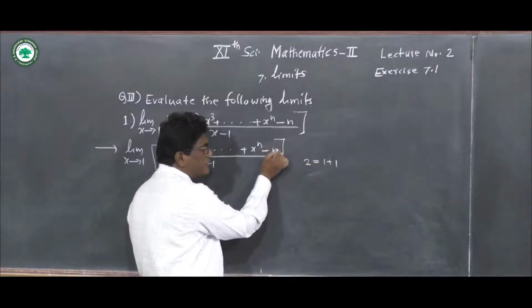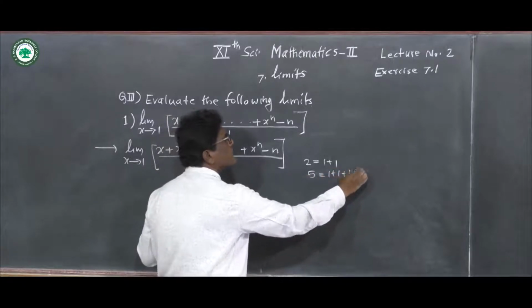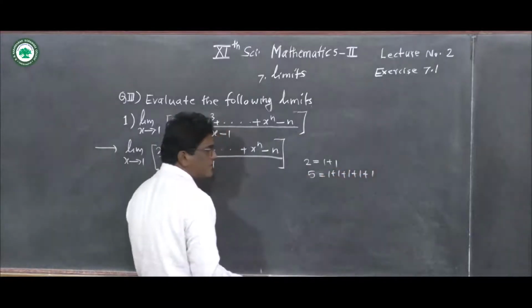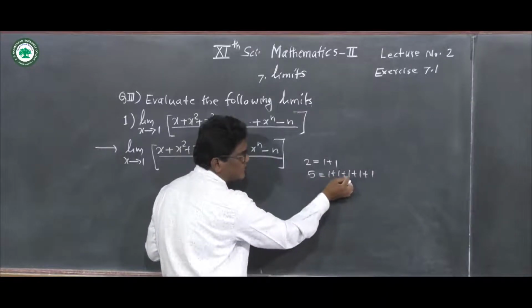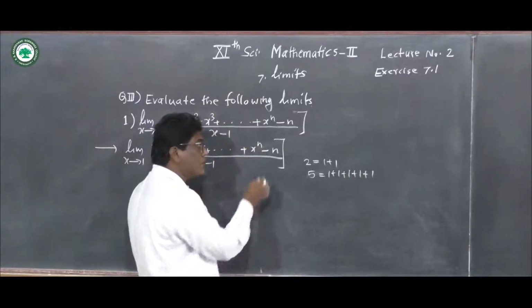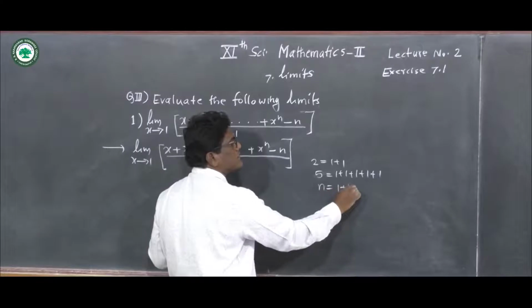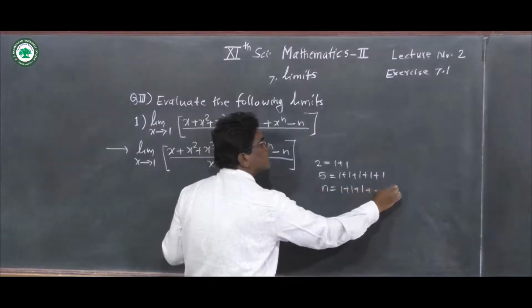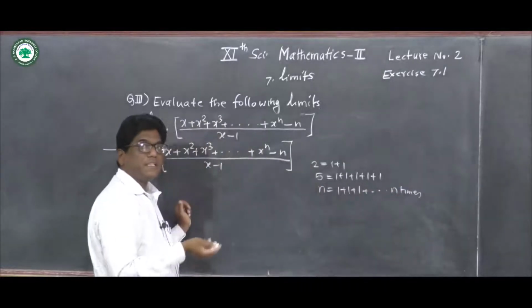Suppose here 5, we write 5 as 1 plus 1 plus 1 plus 1 plus 1, which means the addition of 1, 5 times. That means 1, 2, 3, 4, 5. 5 times 1. Now here there is n. So we write n as 1 plus 1 up to dot dot dot n times. We take the addition of 1 n times.